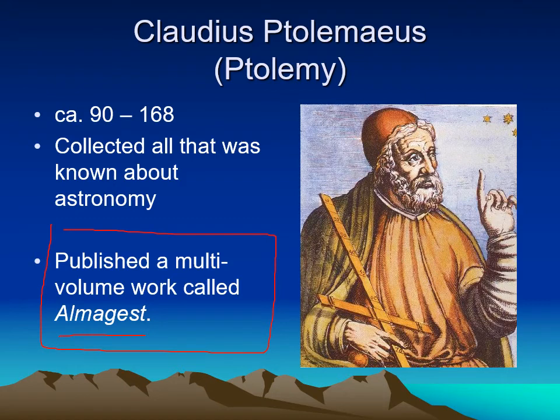We don't really know what he called it, because there was a fire at the library and it burned up the first volume or part of the first volume, which had the title, but Almagest comes from the Arabic meaning the greatest. The rest of his work survived and became a repository and a reference guide used for the next 1,000 years to understand the sky.